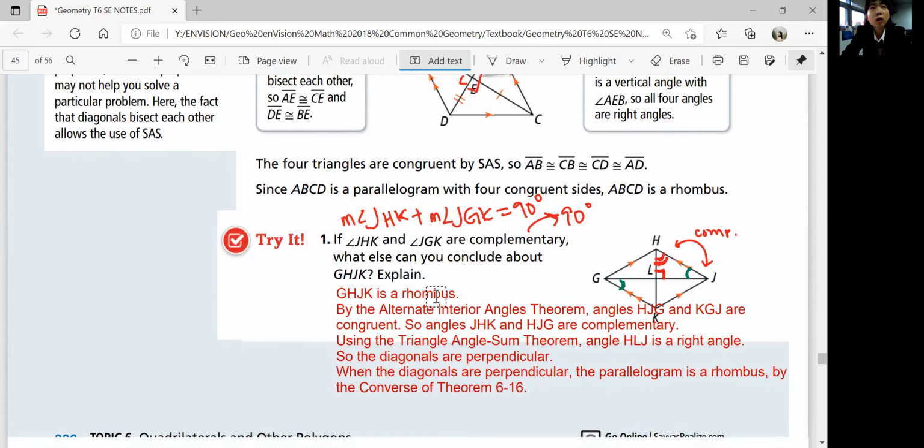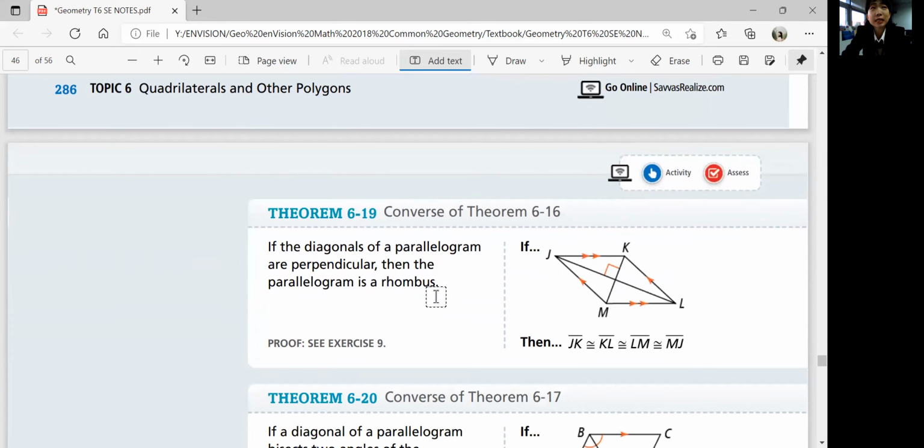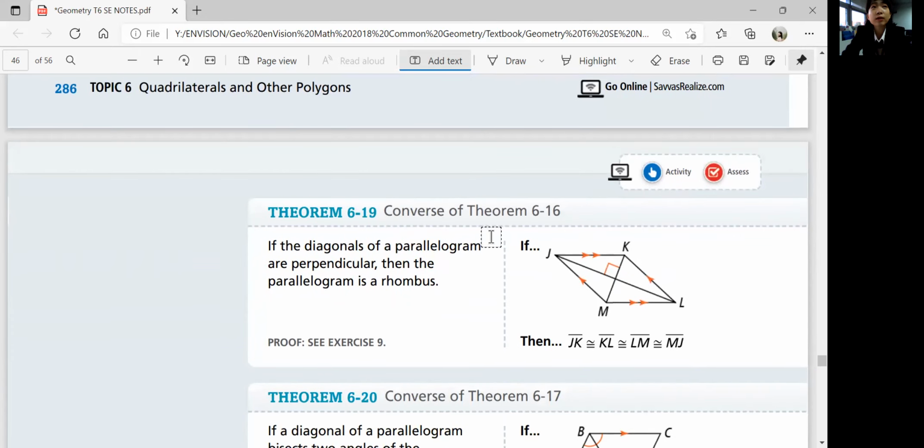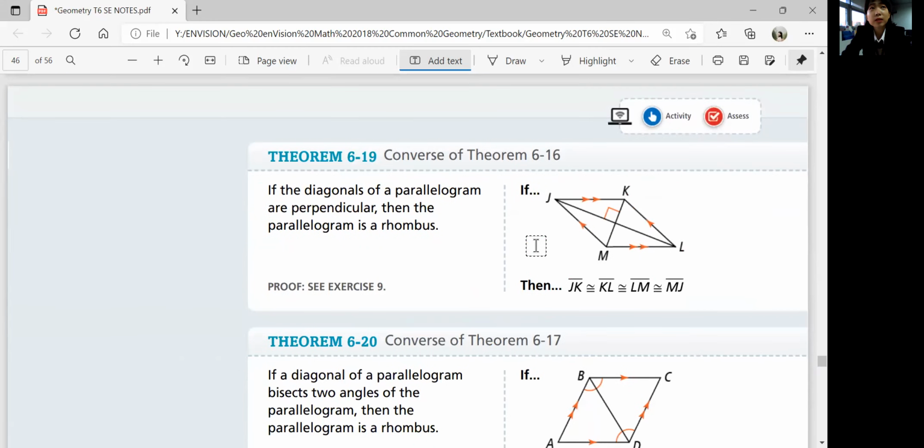Okay. So theorem 6-19 is actually the converse. They're exactly the same thing. Converse of theorem 6-16, basically, if the diagonals of a parallelogram are perpendicular, then the parallelogram is a rhombus.